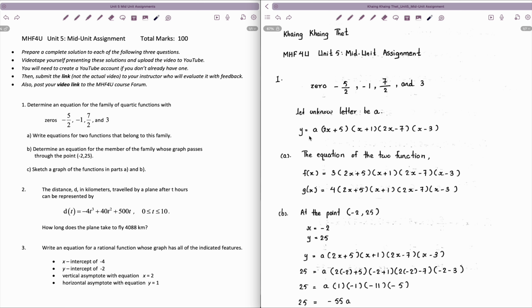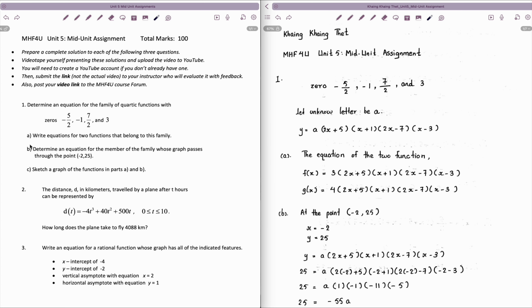The polynomial function is y equals a times (2x plus 5) times (x plus 1) times (2x minus 7) times (x minus 3). Since this function has 4 zeros, the order of each zero must be 1.